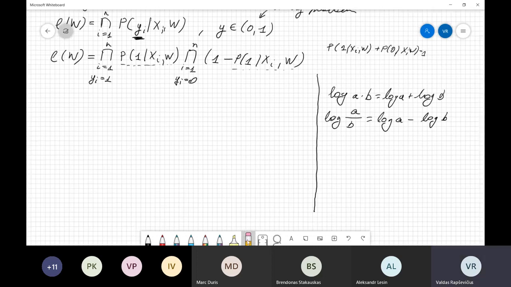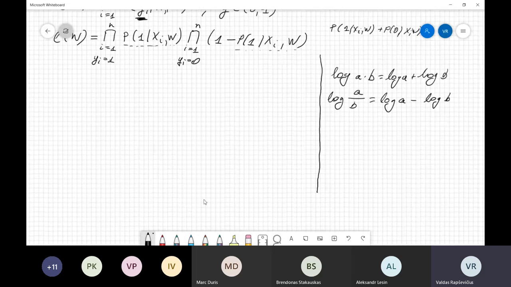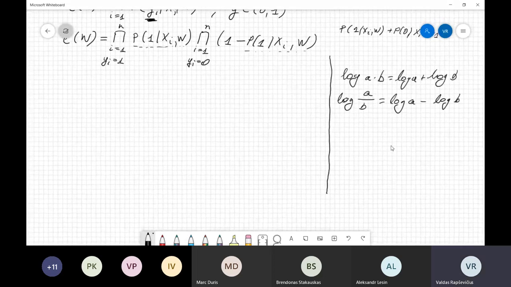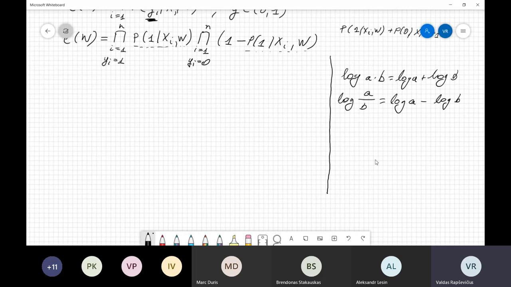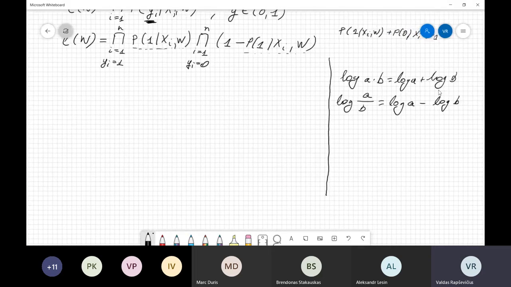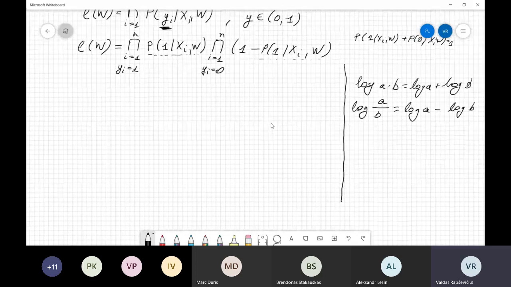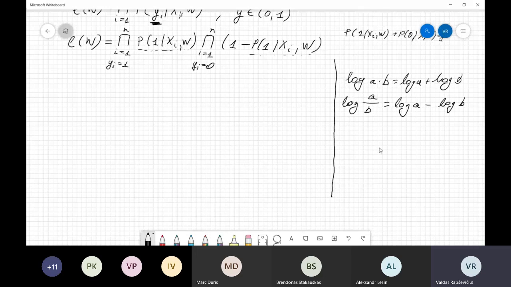Here I will write various rules that are going to be used on the way. Having done that, we want to get rid of these products, because products are not very nice when trying to get the gradients and derive the equations.